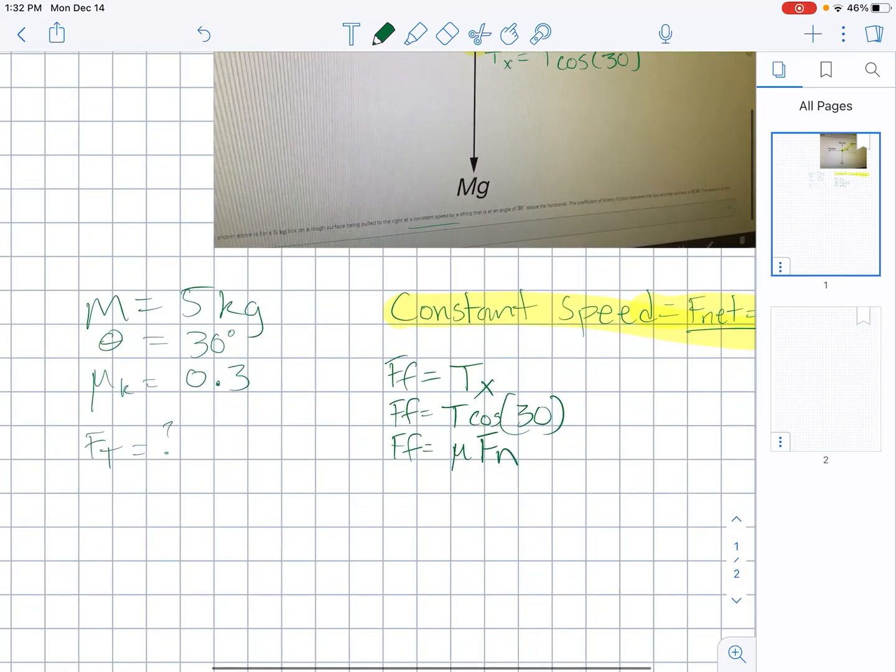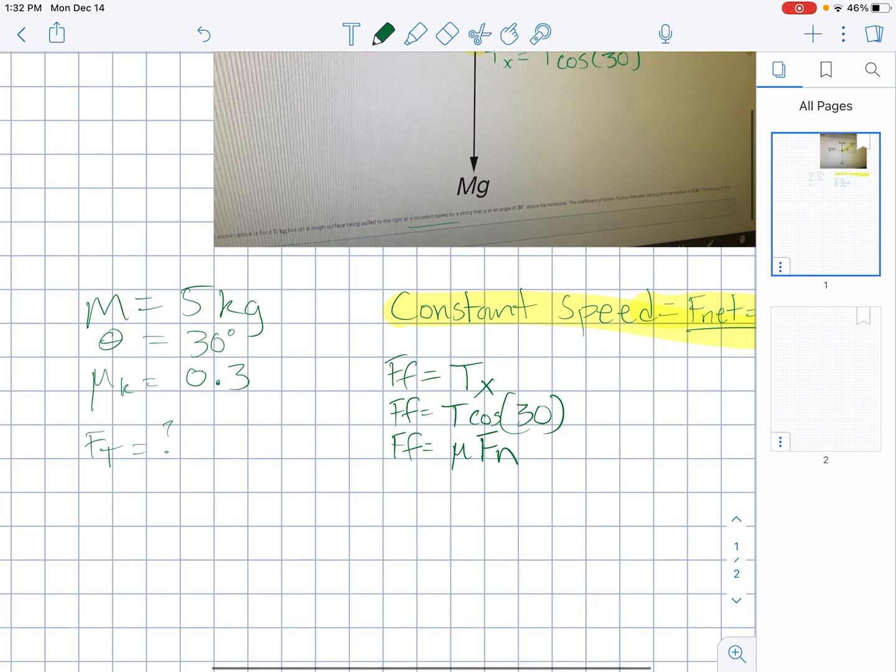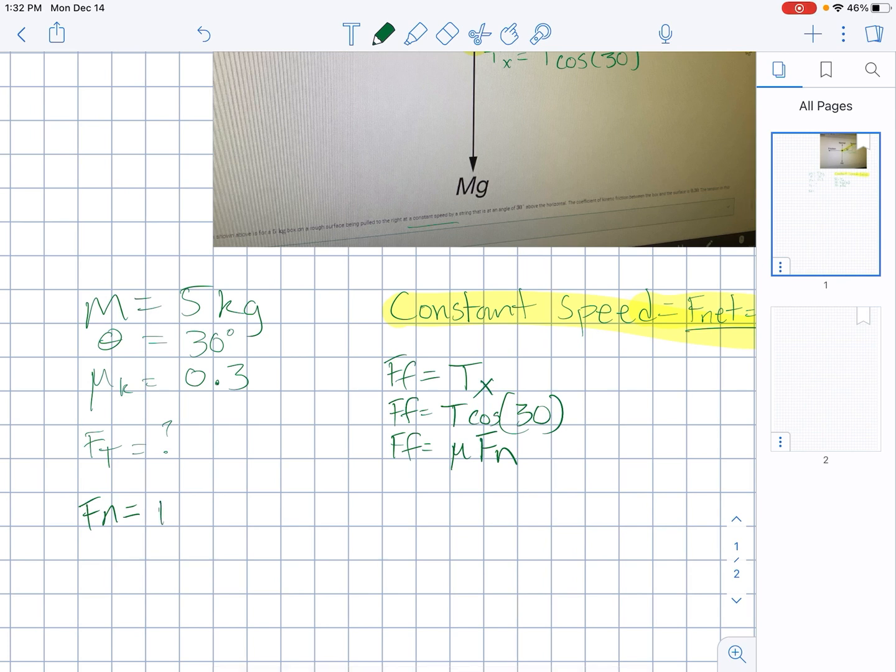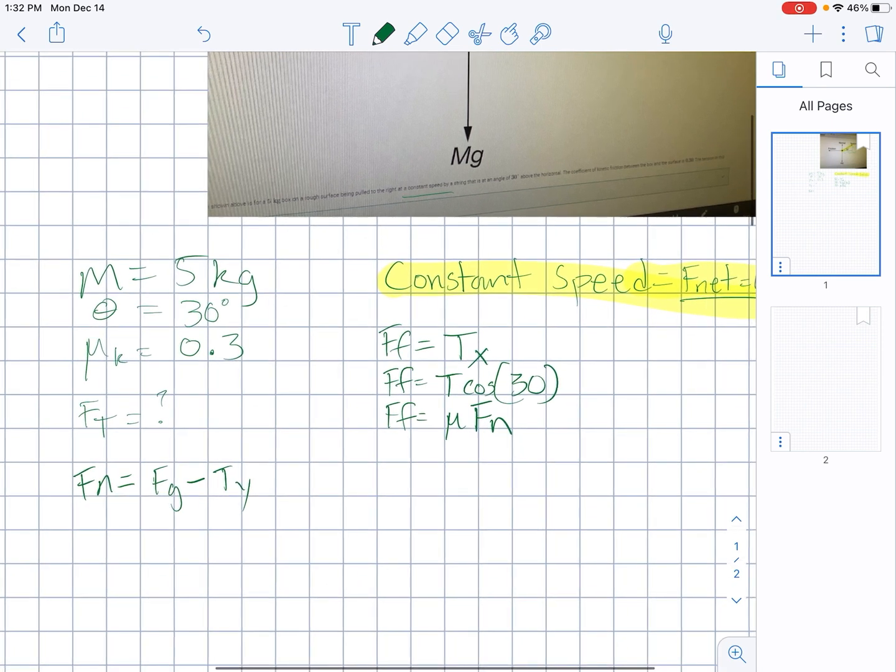So what that means, and I'm going to set this up a little bit separately, is that our normal force is going to be equal to our force of gravity minus the tensional force in the y direction.